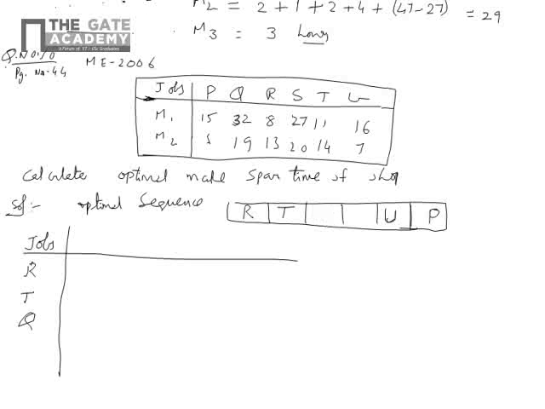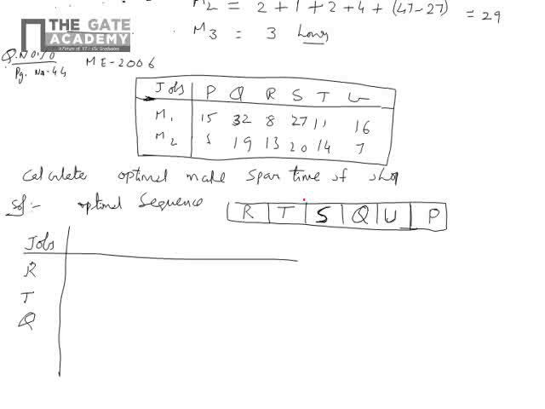Here, after assigning T, the next minimum is 13. R is already assigned, so we don't need to assign it. Next minimum is 15. P is assigned, so we don't need to assign it. Next minimum is 16. U is assigned already, no need to consider it. Next minimum is 19, that is Q, machine 2. So Q will come here, and S will come here.